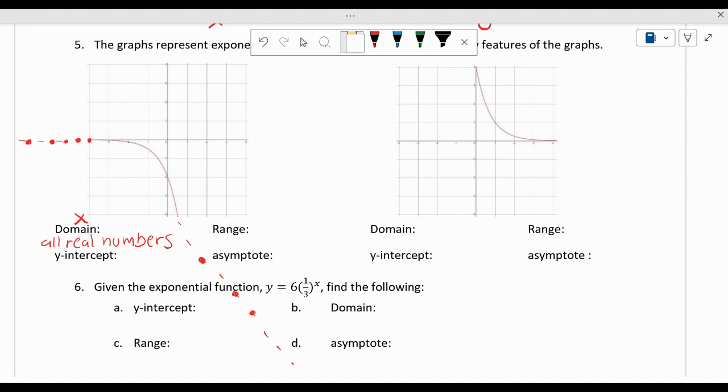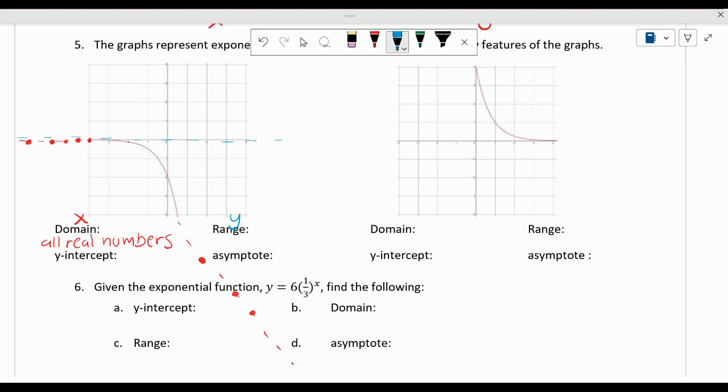Now for the range. The range refers to the y values. If you look, my graph is getting super close to 0, but it's never going to touch 0. There is an invisible line that our graph will never cross, never touch.